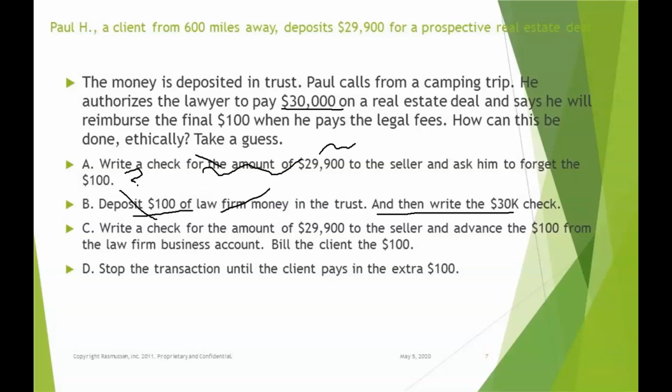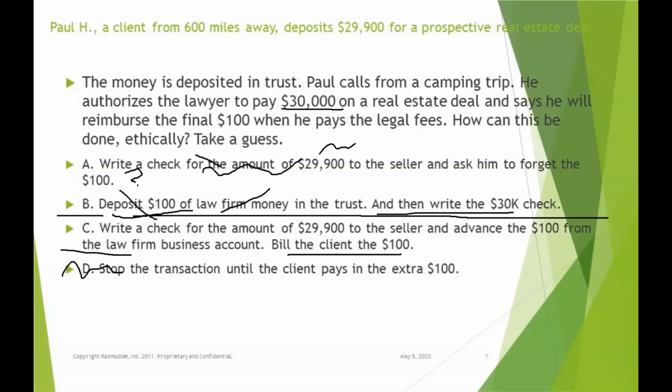It's probably technically not bad, but it's not the best answer because the client is possibly losing a deal. So here's what I would do. I would write a check to the seller and advance the $100 from the business account and then bill the client for $100. I would do an advancement.